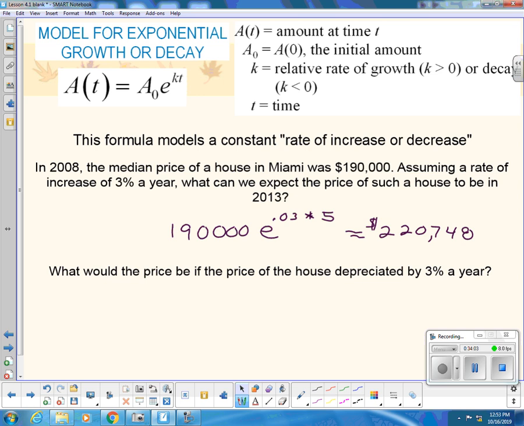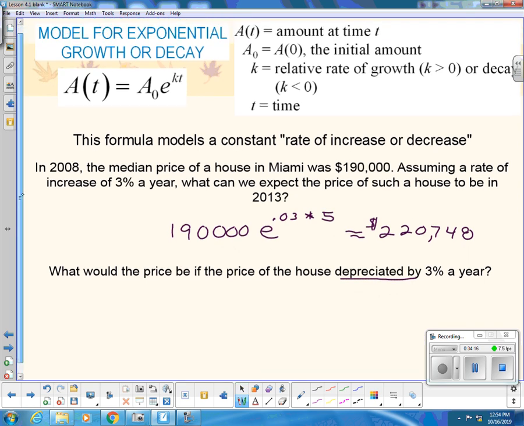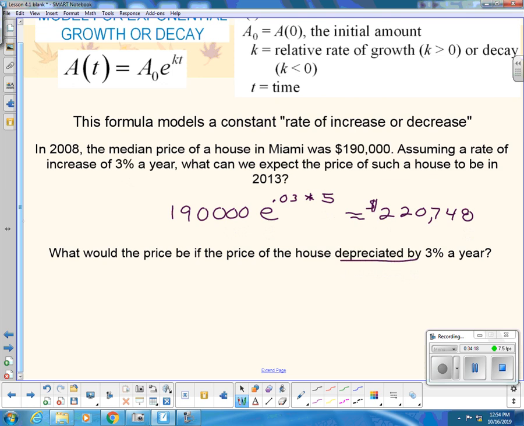What would the price be if we are depreciating by 3% a year? So, for the continuous growth formula, the K can be positive or negative. If K is negative, it just means a decrease. So you'll write the whole thing the same, except it's going to be a negative exponent.